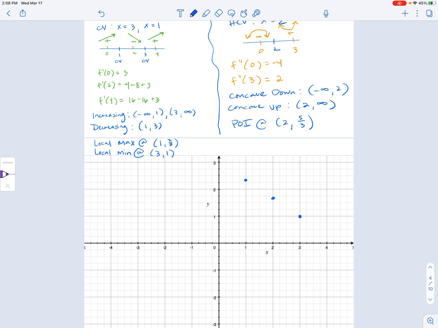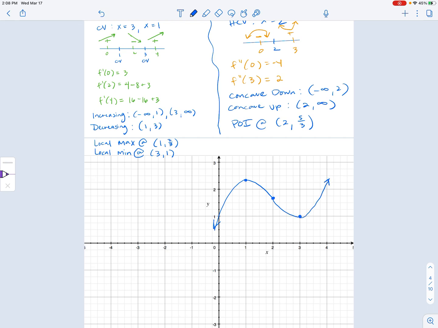So 1, maybe about there. Okay. So just putting all of that information together, I already have an idea that at the local max, the graph is going to curve down and be concave down.